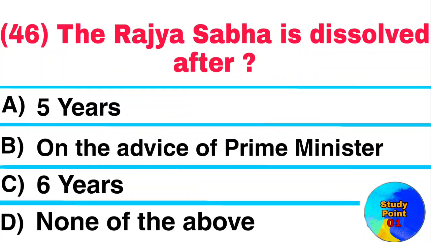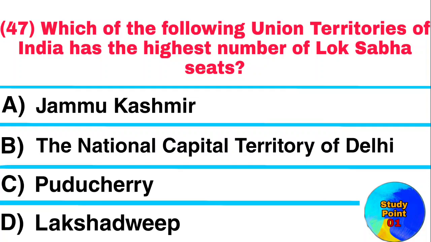Question. The Rajya Sabha is dissolved after A. 5 years. B. On the advice of Prime Minister. C. 6 years. D. None of the above. Answer. None of the above. Question. Which of the following Union Territories of India has the highest number of Lok Sabha seats? A. Jammu Kashmir. B. The National Capital Territory of Delhi. C. Puducherry. D. Lakshadweep.